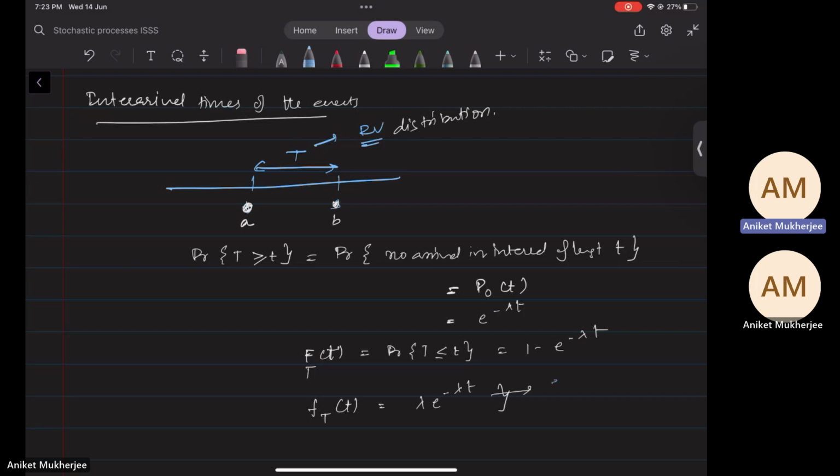This is an exponential distribution. So what you've seen is if you have a Poisson arrival process, the inter-arrival time between two events is exponentially distributed.